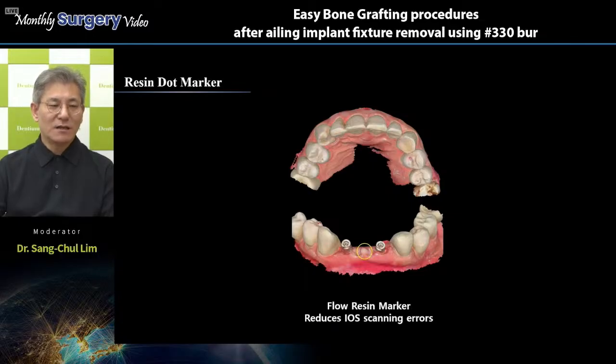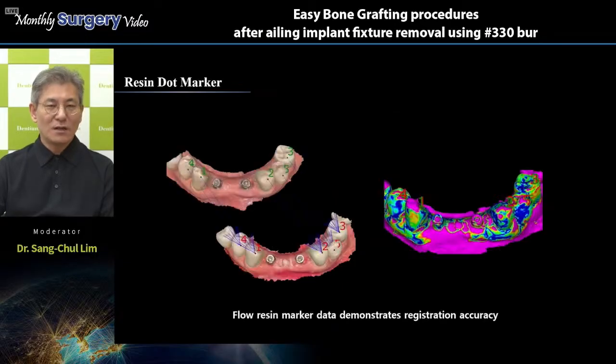So in this case, one resin marker was made between the two implant fixture sites and we took a scan. The STL file was sent to the lab, and this is the real data, the resin dot marker data.